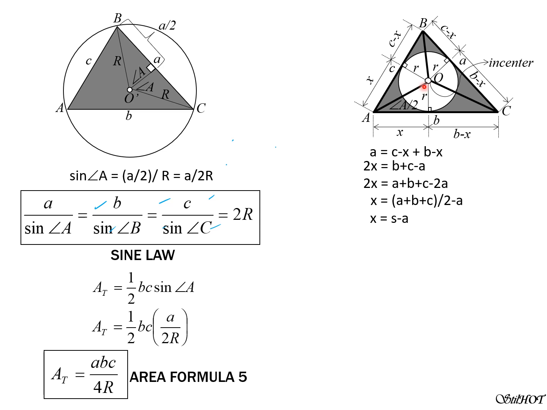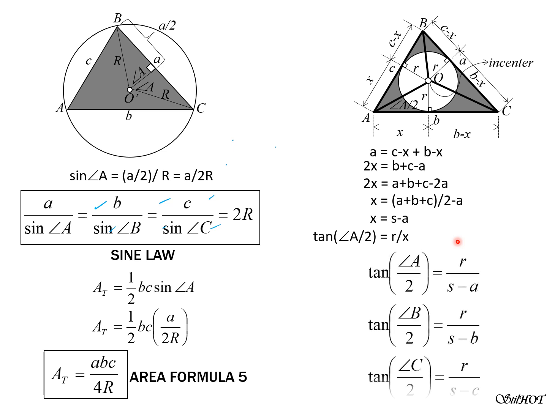Tangent of angle A over 2 is R over X. And since X is S minus A, by the tangent of half angle formula, tangent of angle A over 2 equals R over S minus A. Likewise, tangent of angle B over 2 is R over S minus B, and tangent of angle C over 2 is R over S minus C. We just pattern this after the above formula. So that's another formula for half angle.